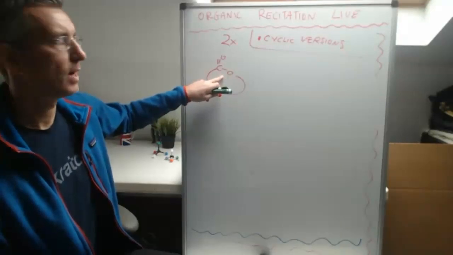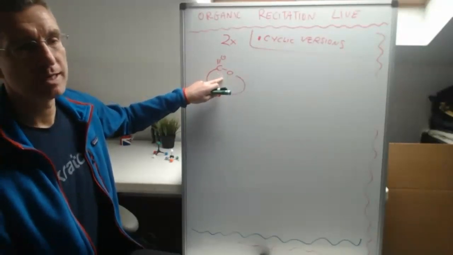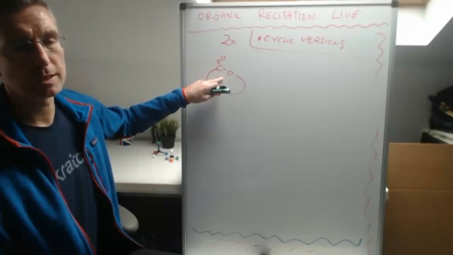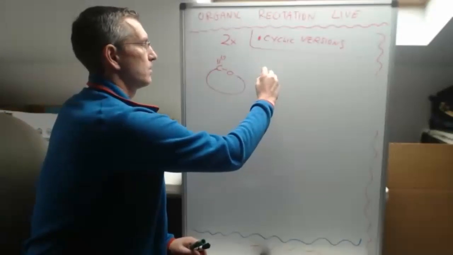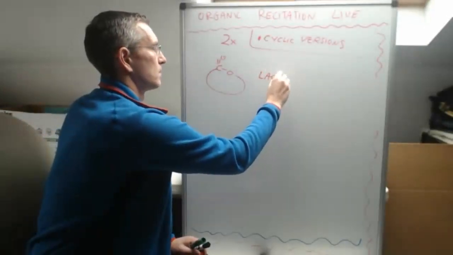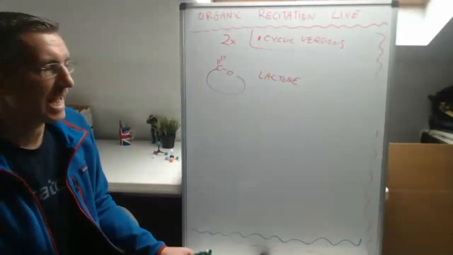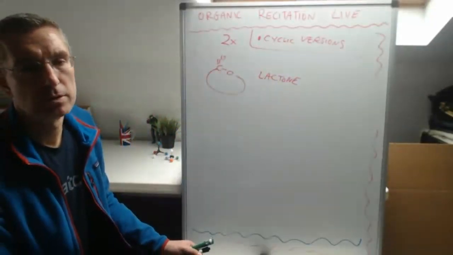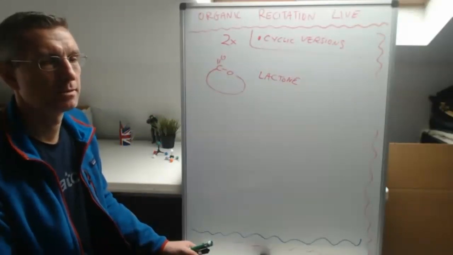It's a ring where the ester linkage forms an integral part of that ring system. So a cyclic ester is called a lactone. So the word lactone means cyclic ester.